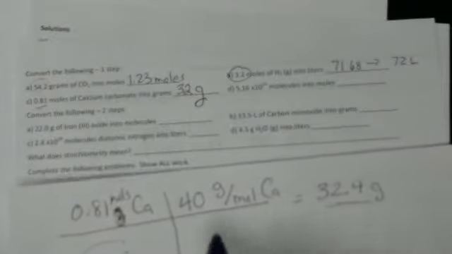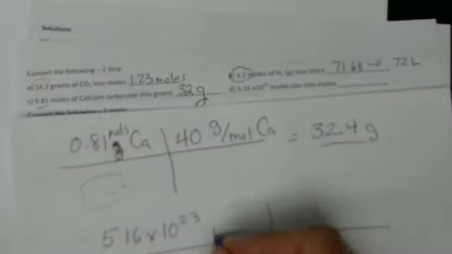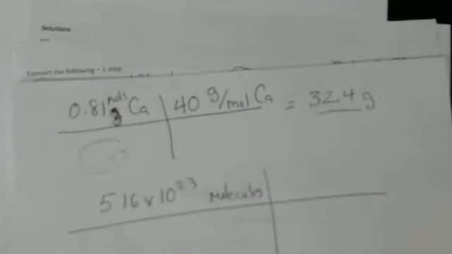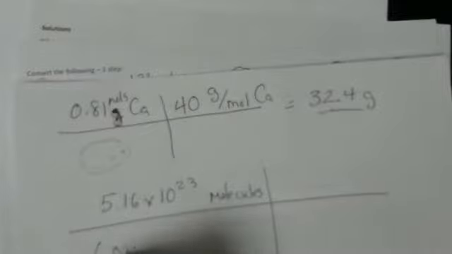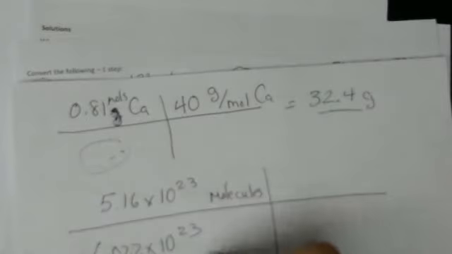Last one before we take another break, and I'll come back and do the more complex problems. The next one is 5.16 times 10 to the 23rd molecules into moles. Notice I don't even tell you what kind of molecules they are, but it doesn't really matter. This is not in moles, so I'm going to put a number here to convert molecules to moles, and I'm going to put Avogadro's number.